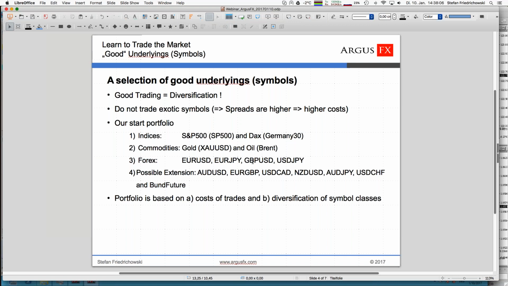Second is euro, then followed by Japanese yen and British pound. And now you realize immediately how I did the selection of those 4 forex pairs. They represent the most common values of forex underlyings, and therefore I did that kind of selection.